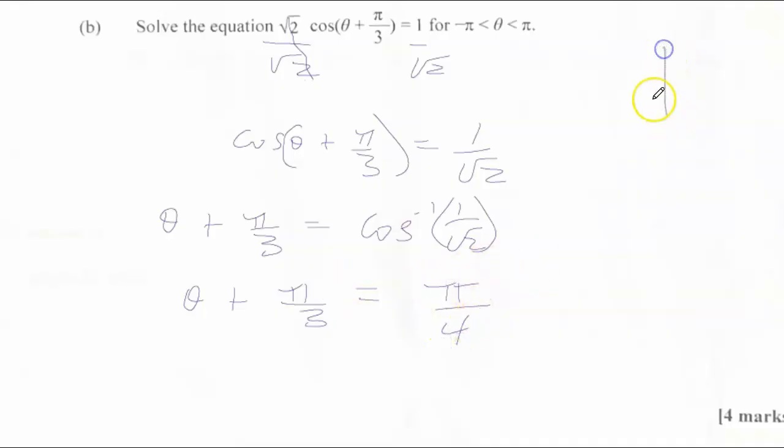But remember, cos is positive in the first, so all science teachers are crazy. So cos is positive in the first quadrant and the final quadrant. Alright, in this quadrant, the angle would be negative pi over 4.